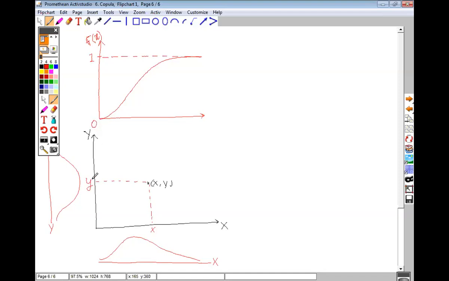And now let me draw the CDF for this y guy. So I have this axis here, and here I'm going to plot the CDF of my y. So remember, why do I plot the CDF on the horizontal axis? Because I want to keep these axes, which measure the values that my y variable takes, intact for the marginal as well as for the CDF.